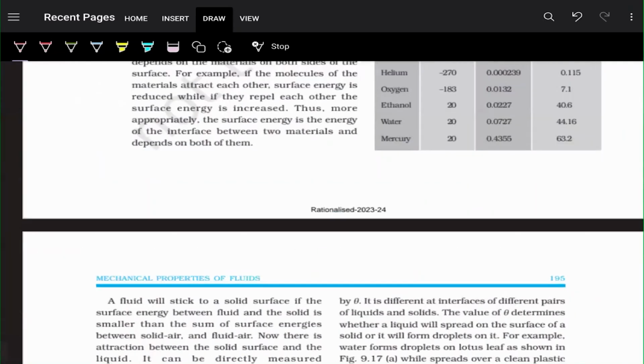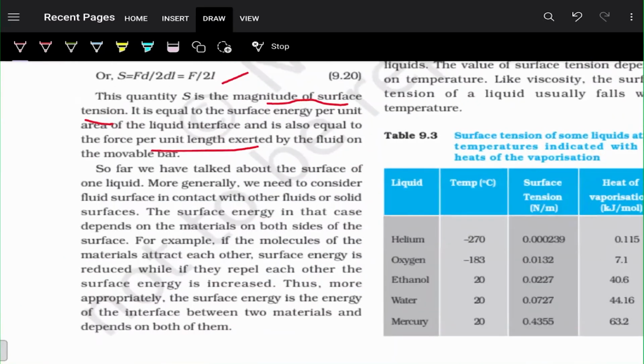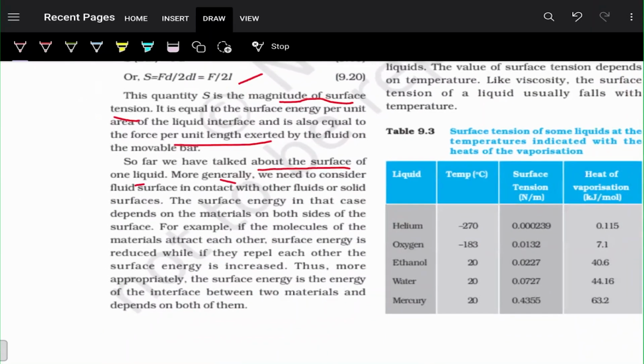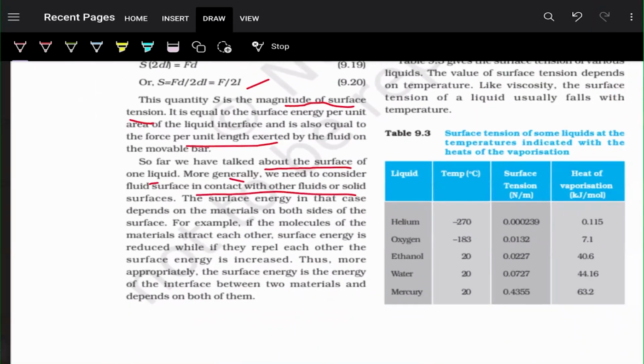So let's see. So far we have talked about the surface of one liquid. Correct. More generally, we need to consider a fluid surface in contact with another fluid, or solid surfaces. The surface energy in that case depends on the materials on both sides of the surface.